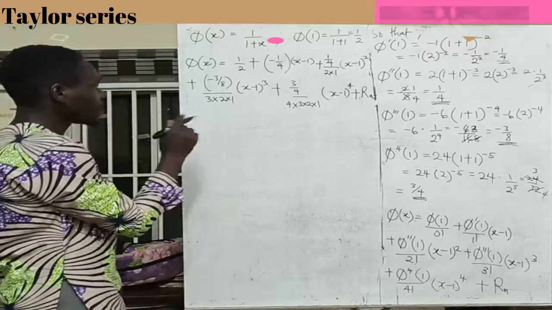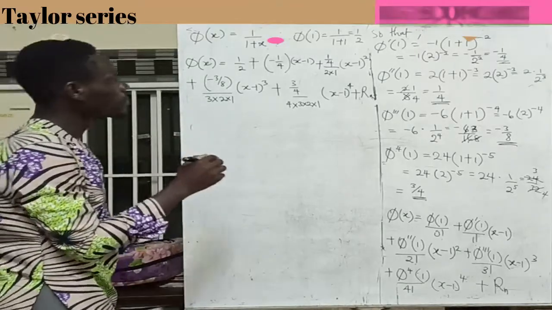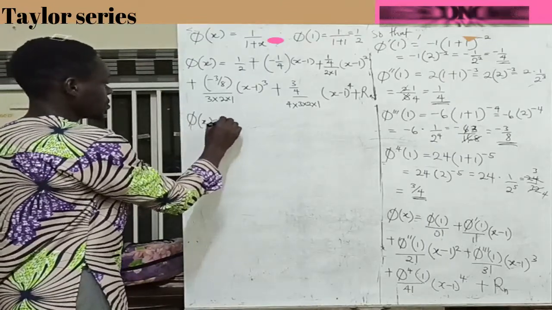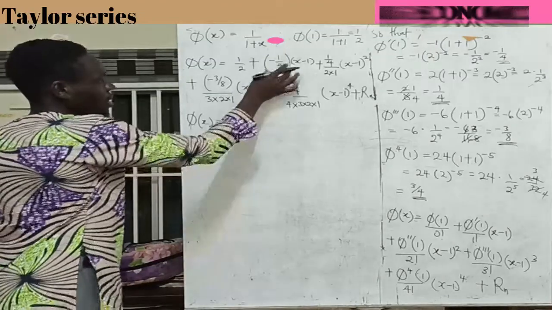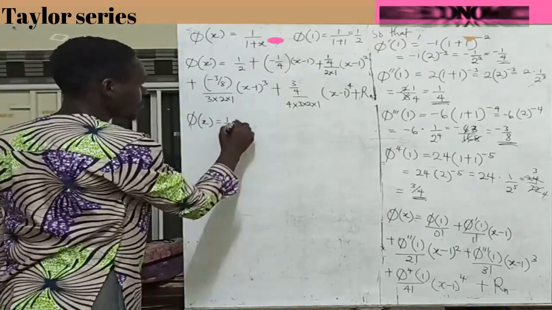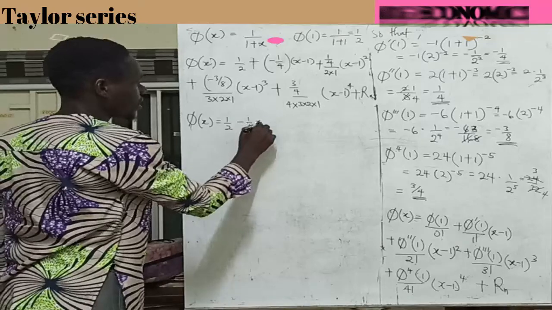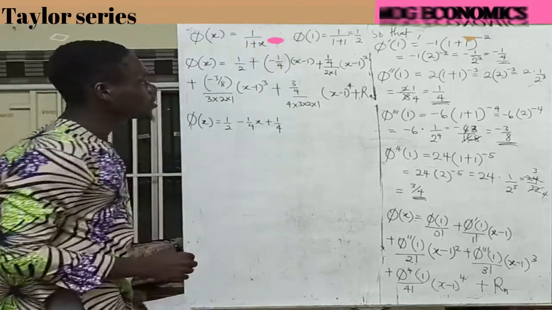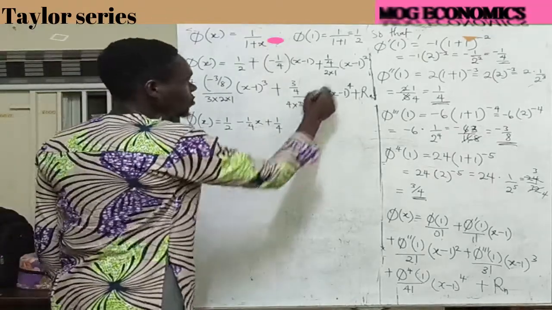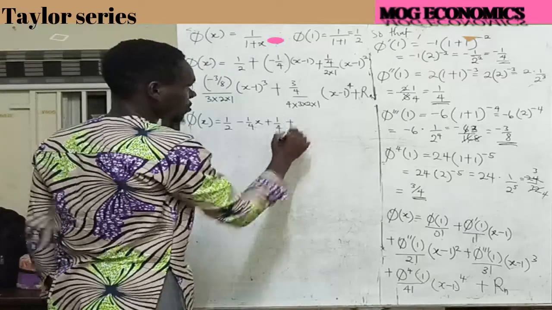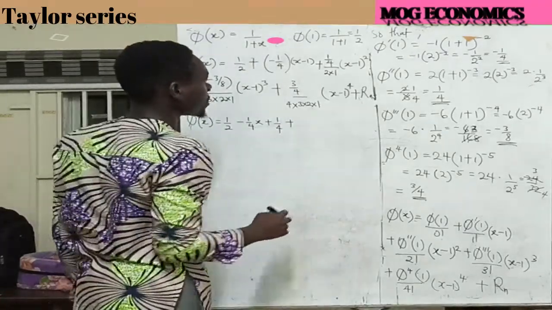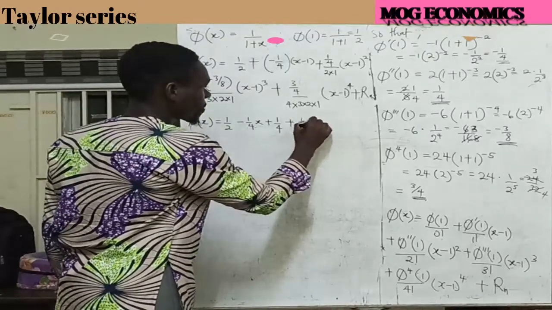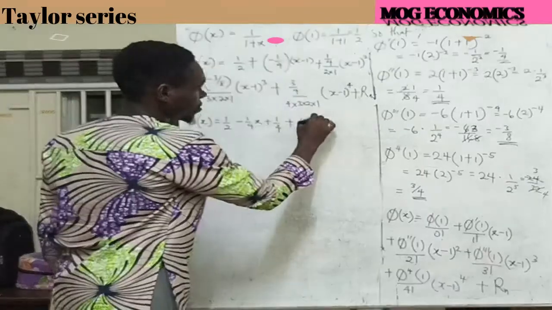Alright, so let's simplify this further. Here we have 1 over 2. Here, opening the bracket, we have minus 1 over 4x plus 1 over 4. Then here, this is 2, and this expression becomes 1 over 4 times 1 over 2.